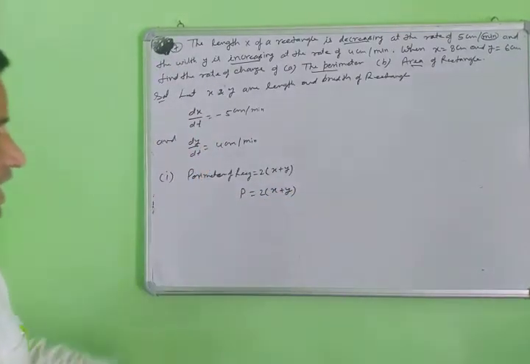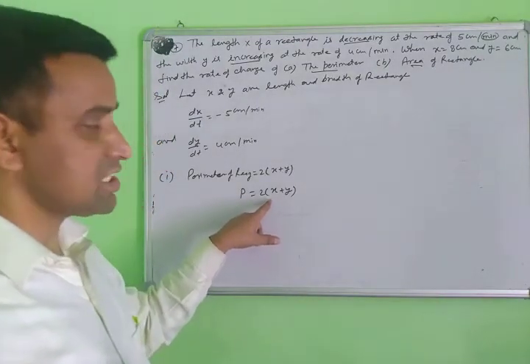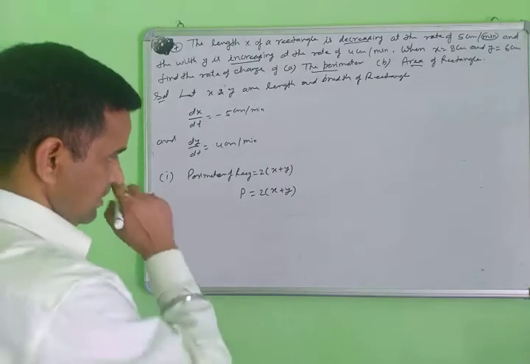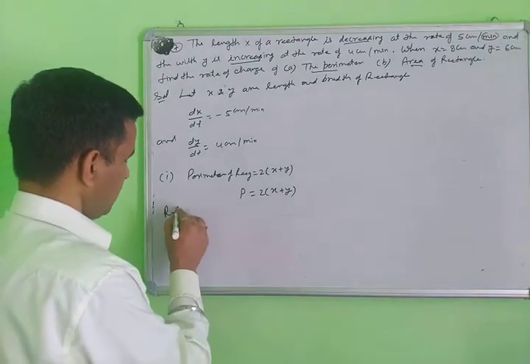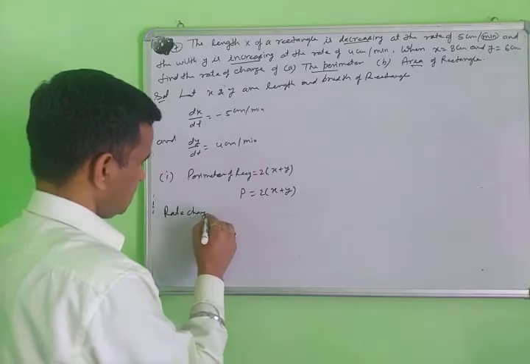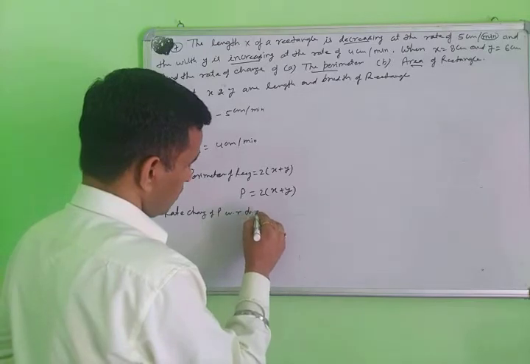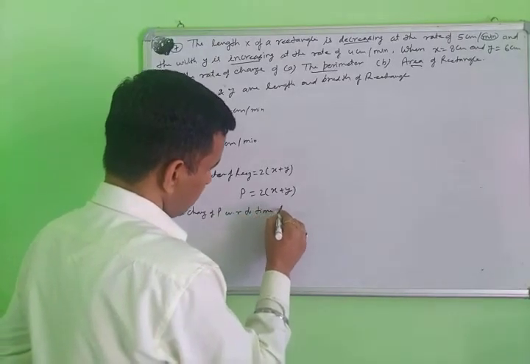So now the rate of change of the perimeter, with respect to the time t.